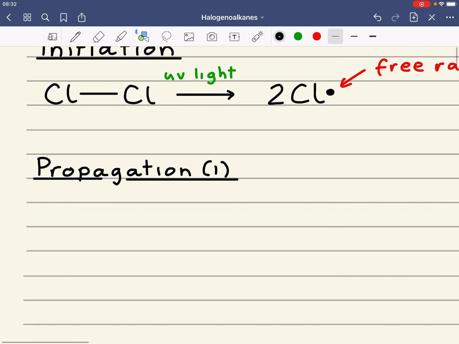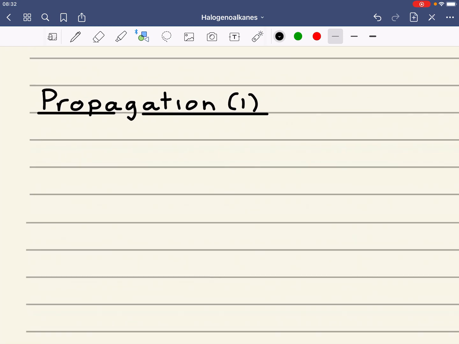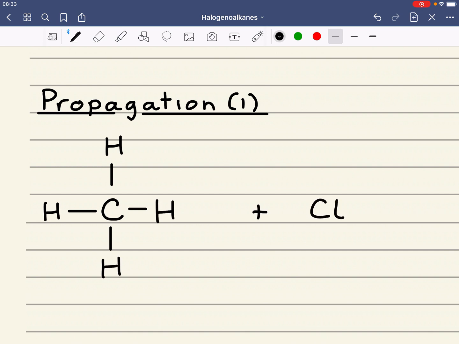So propagation step 1. The methane, my other reactant, reacts with this chlorine radical. This electron here and one of the electrons in this bond are used to form a new bond between the hydrogen and the chlorine.